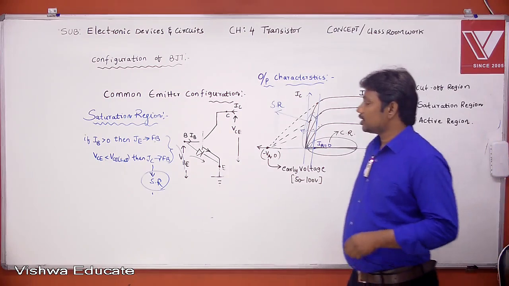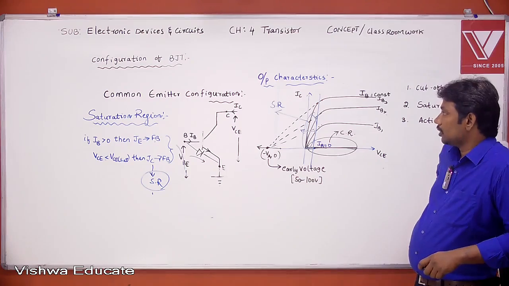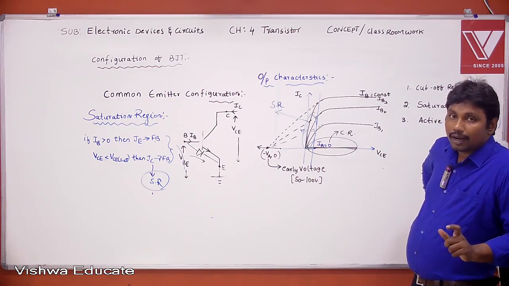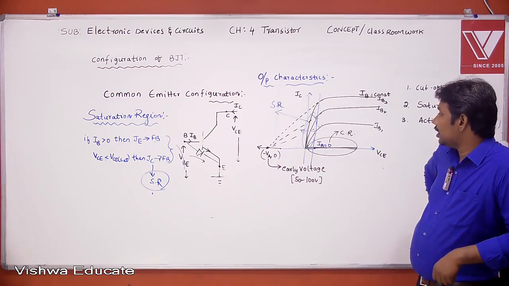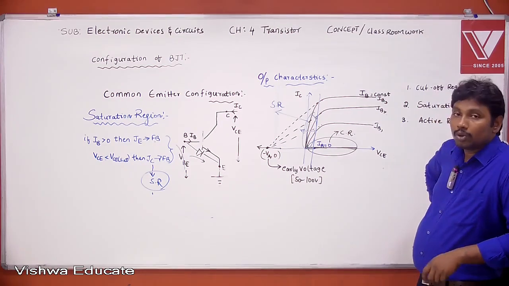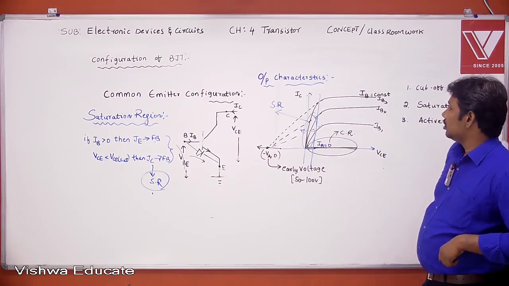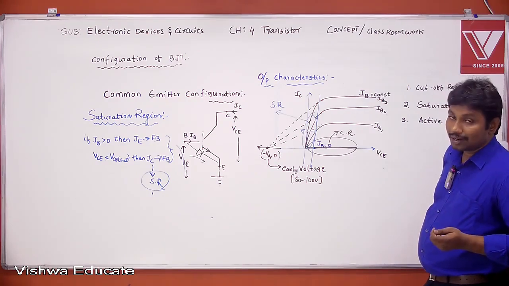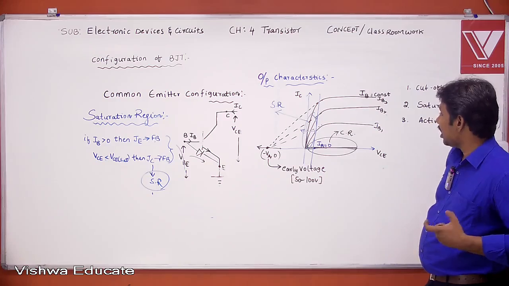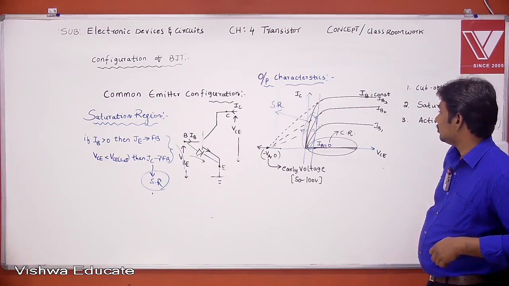Right. Next, write down the point. In the saturation region, the collector current depends on both IB and VCE.